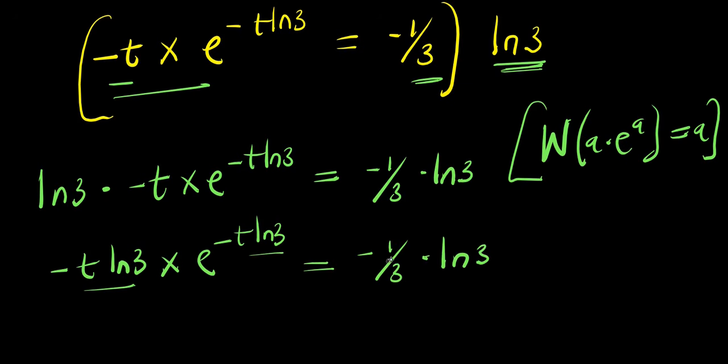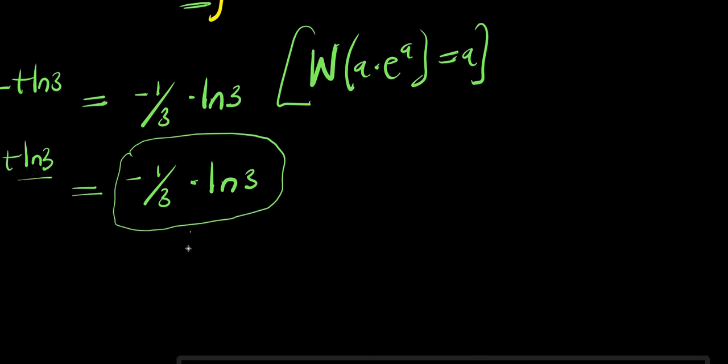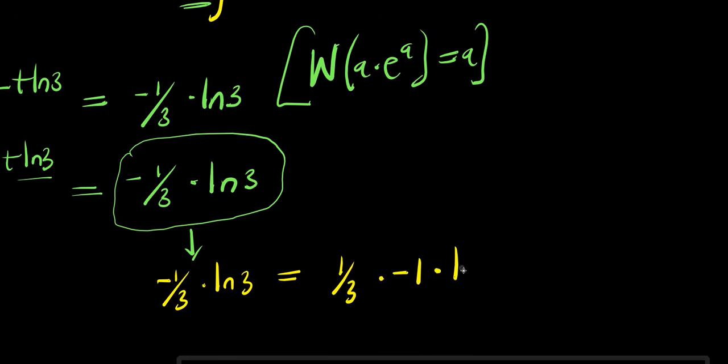So at this point, let's consider this. We are going to work on that. So I can have this as base negative 1 over 3 times ln 3. I can express it as 1 over 3 times negative 1 times ln 3.